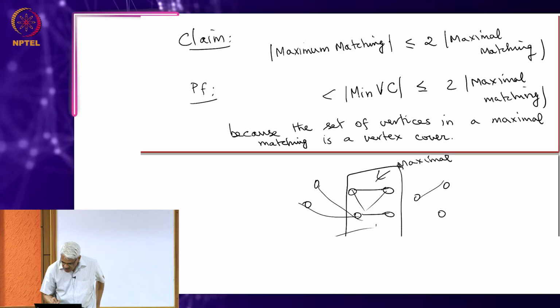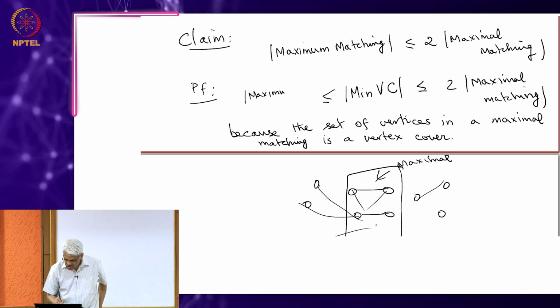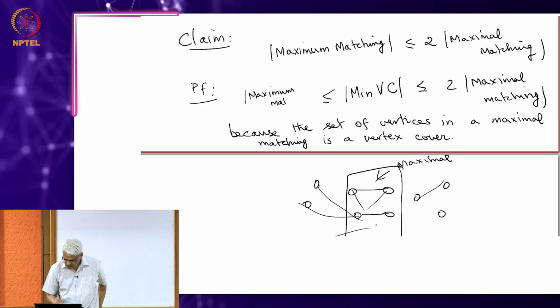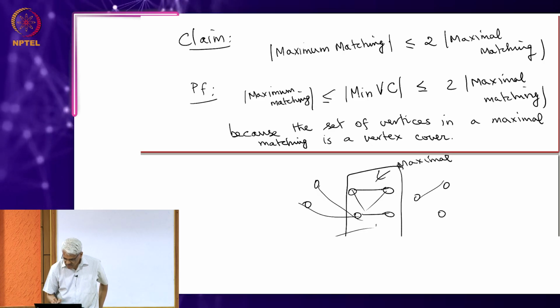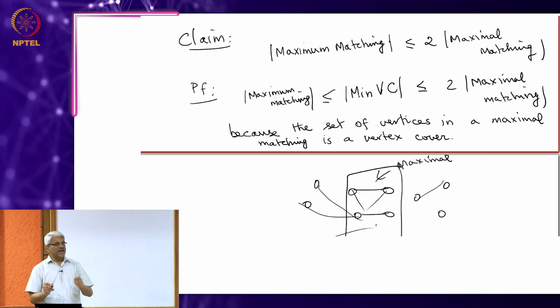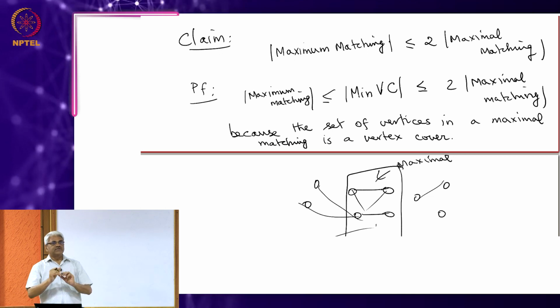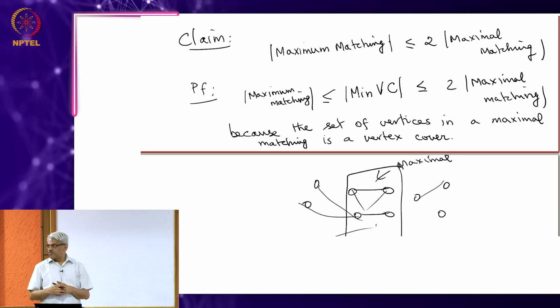And this is also not very hard to see: the minimum vertex cover must be at least the size of the maximum matching. These are all standard graph theoretic things, not very hard to prove. Why is this?